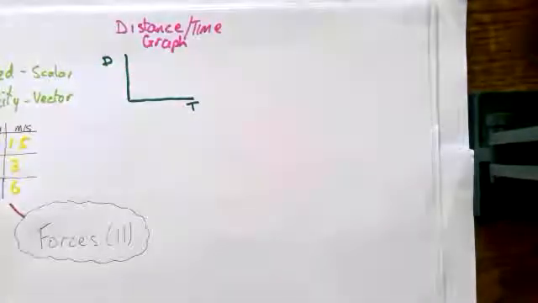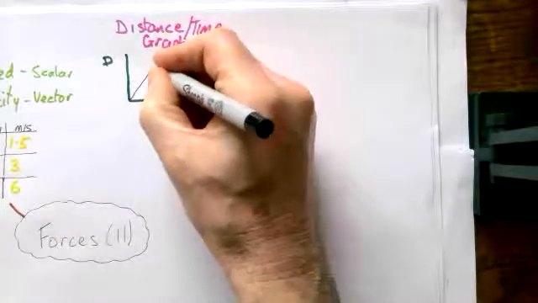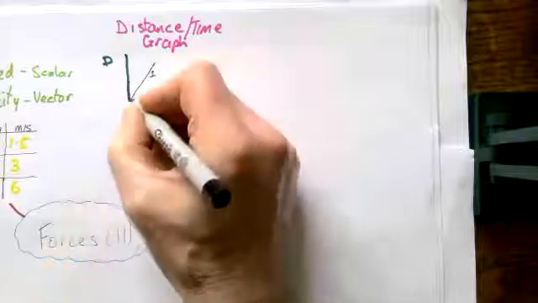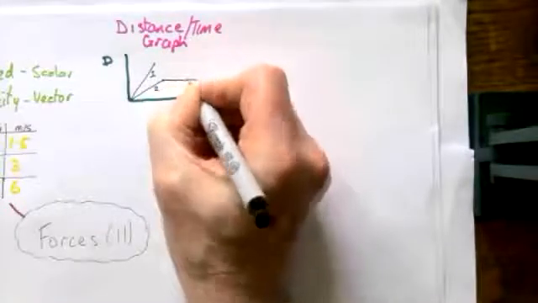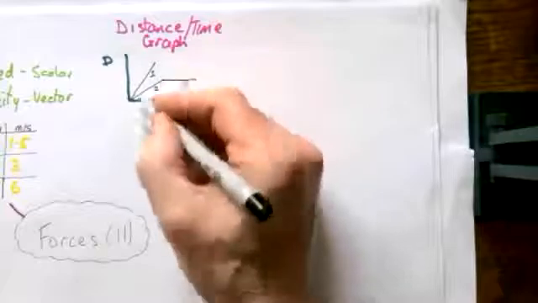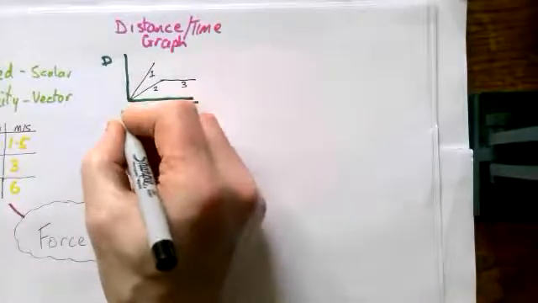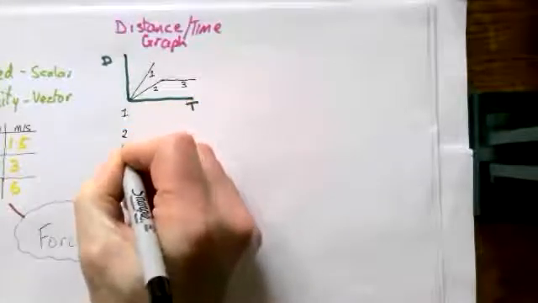So we could have, I'll do it in black pen so it stands out, three situations. So we'll label that situation 1, this one situation number 2, this one is 3. So we've got two lines with a gradient and then one which is horizontal. So position 1, position 2, and position 3.